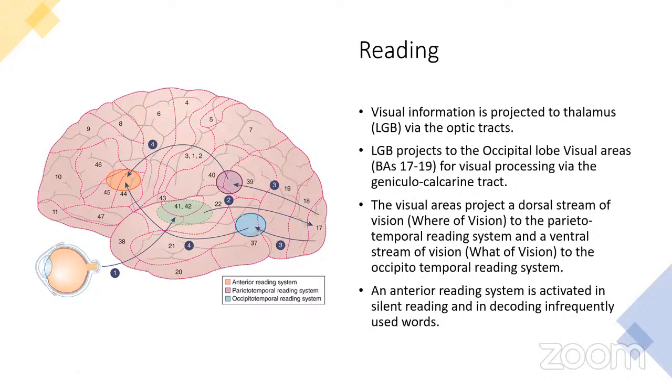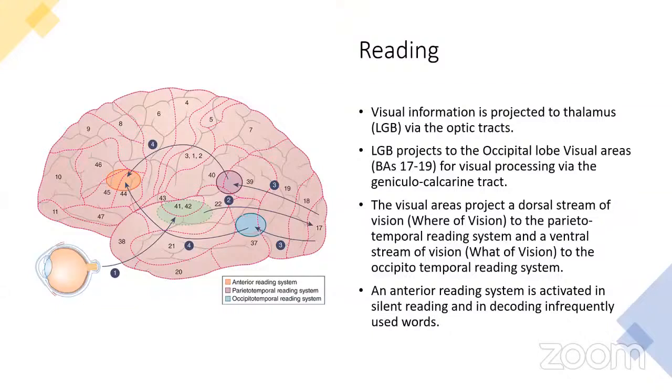The visual areas project a dorsal stream of visual information to the parieto-temporal reading system, and a ventral stream to the occipito-temporal reading system.